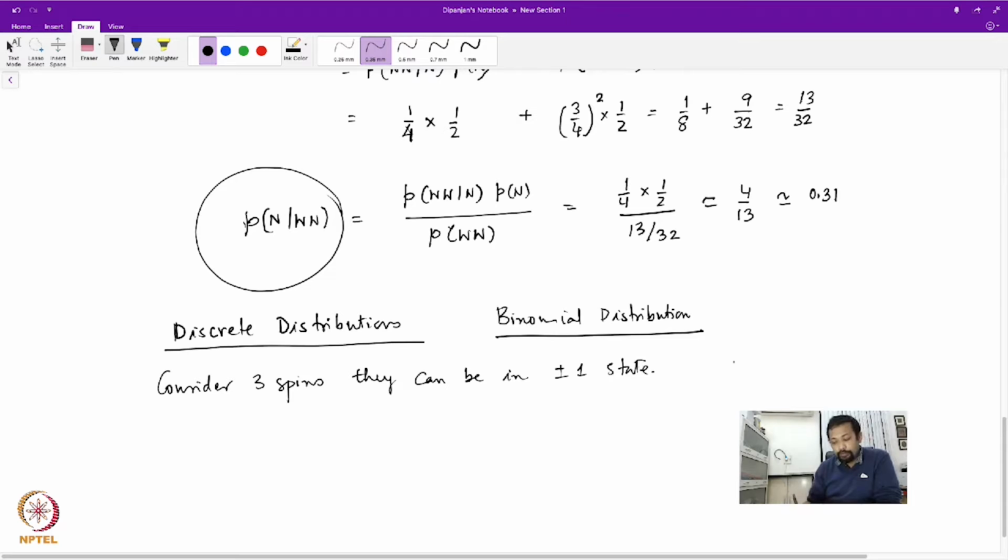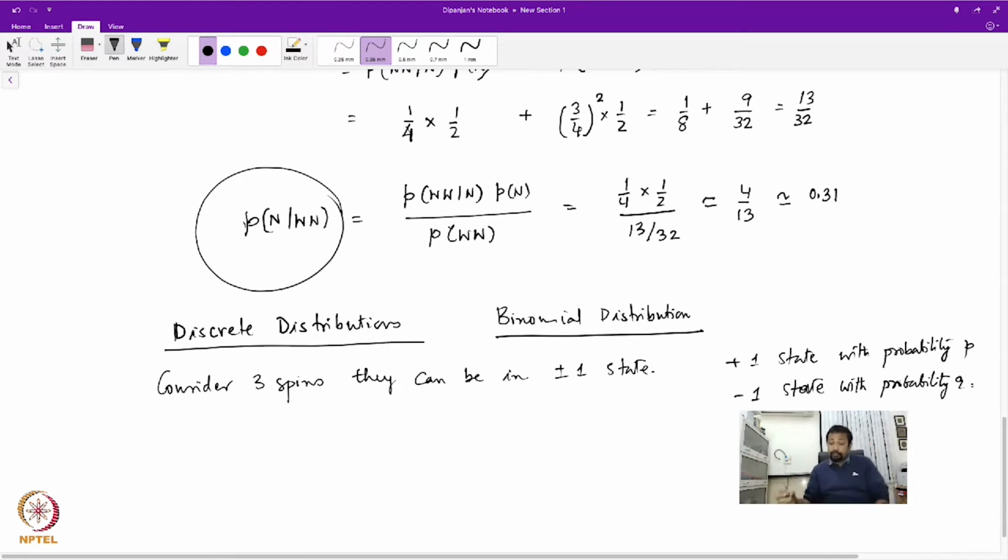So plus 1 state with probability p and minus 1 state with probability q.